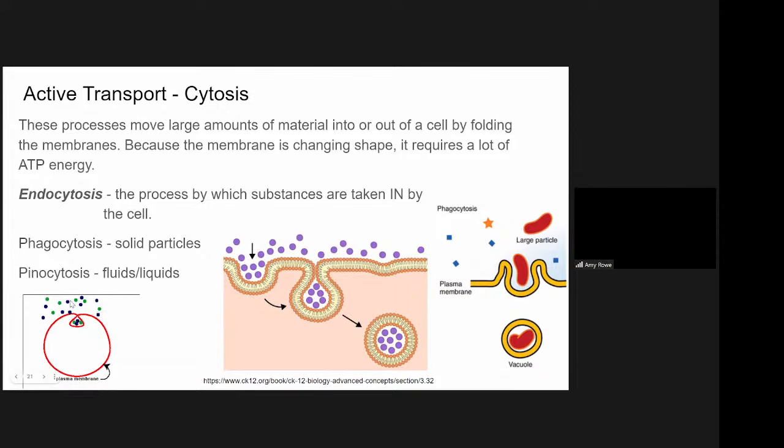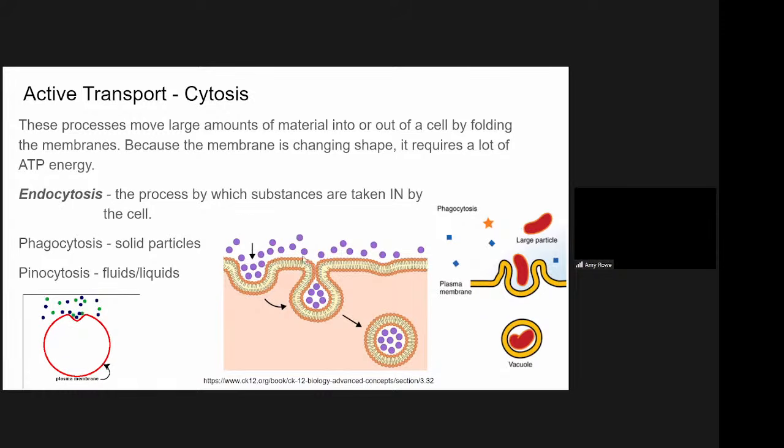So you can see that these particles on the outside of our cell are causing this dip or pit in the membrane. The membrane then loops back around and reforms, okay, and sort of pinches off a little loop, or what's called a vesicle, which surrounds the solid material that the cell has taken in.